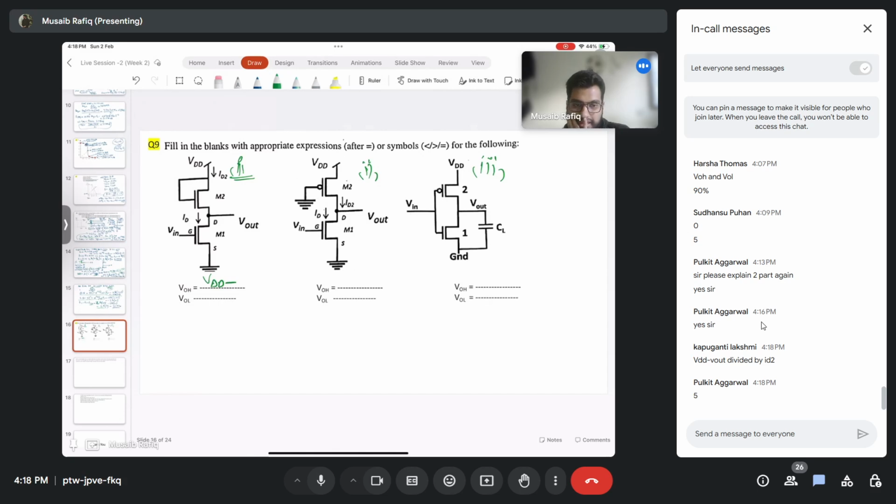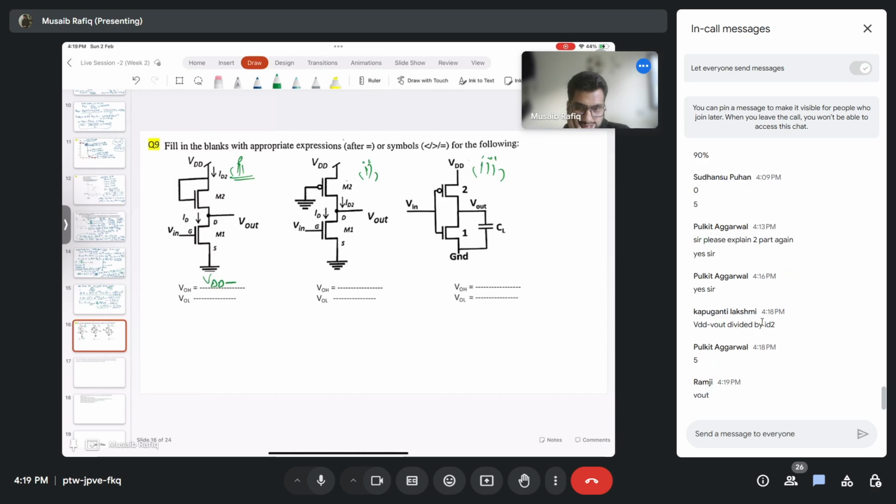Can you tell me what that something is? We have to find V out itself. So VOH is basically V out at V in equal to 0, right? So what is that? It is VTN.